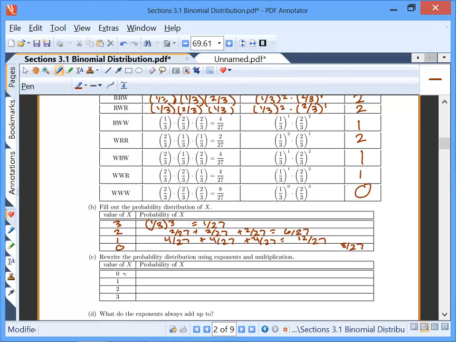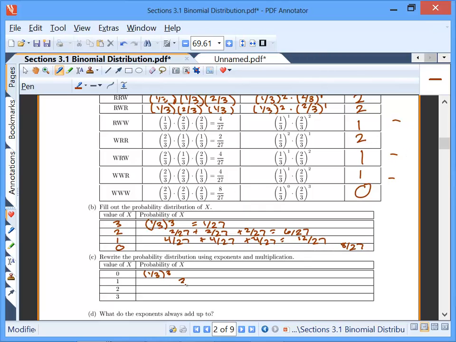Okay. So for the value of 0, that was 1/3 to the power of 3, right? For the value of x equals 1, each of these 1s, what is it? It's 1/3 to the power of 1 times 2/3 to the power of 2. And how many of them did I have? 3.